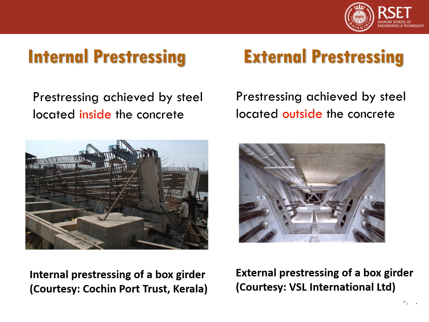In internal pre-stressing, the steel is provided within the concrete section, whereas in external pre-stressing, the steel is located outside the concrete section. So in this case, the first figure shows the ducts which are inside the concrete, and in the second figure, the cables are located outside the concrete section within the box.